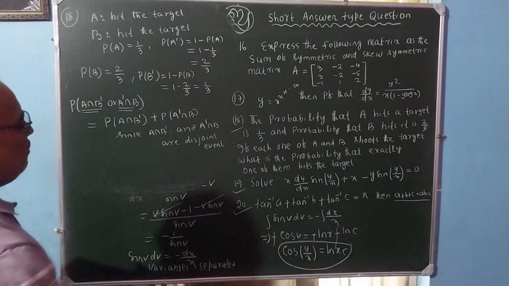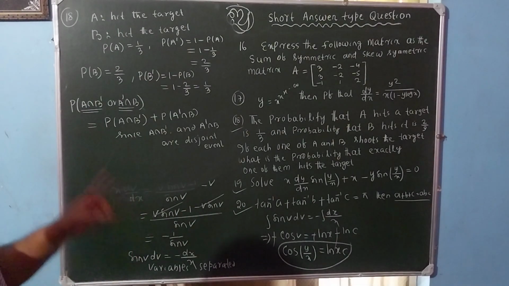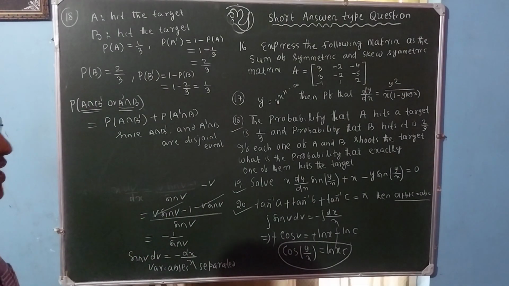So applying this formula, when A and B are independent, then A and B dash are also independent.